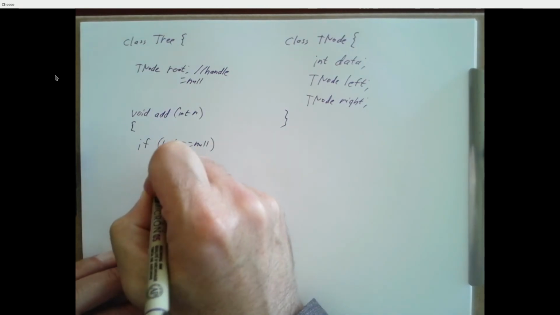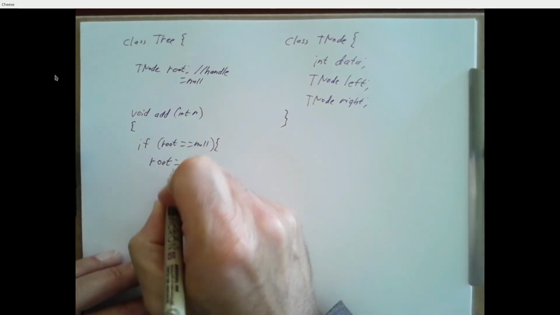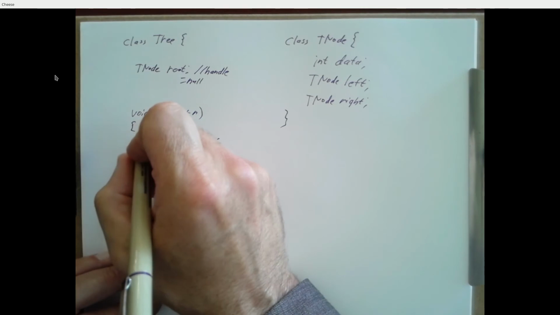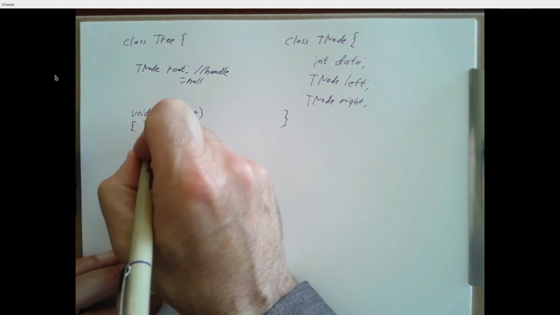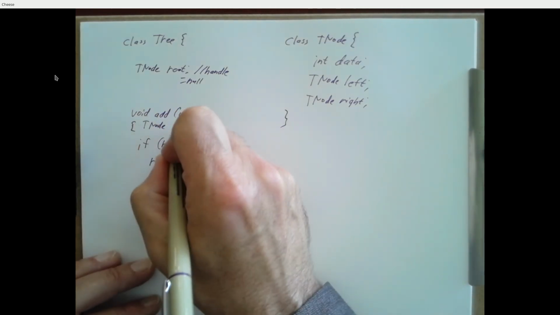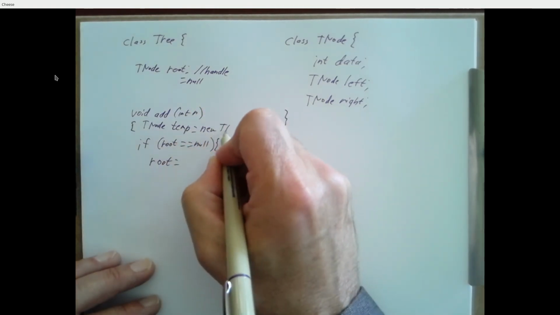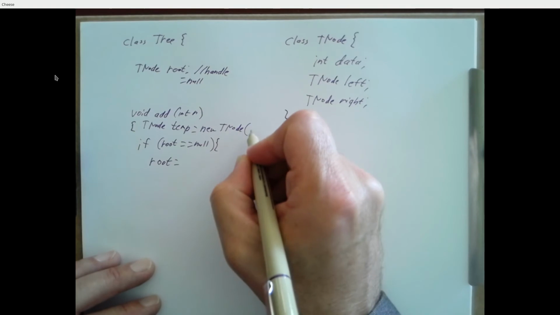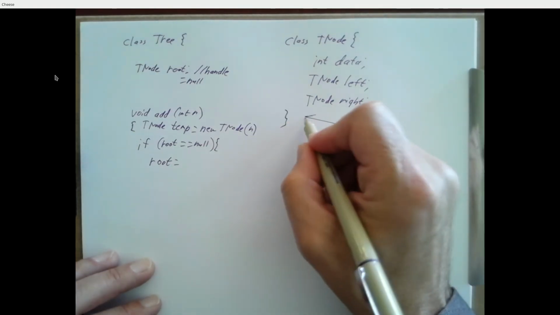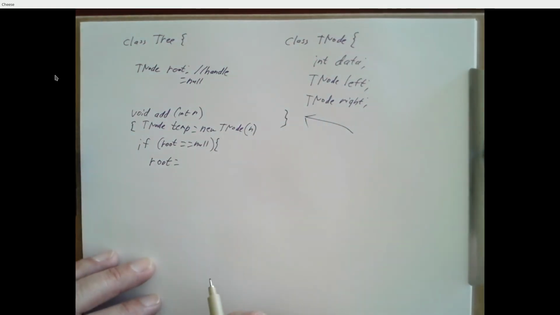Should we make a temp variable? Yeah, let's start off with that. And let's go ahead and throw a constructor in here so we don't have to constantly construct a node and then set the data equal to n and set the left and right equal to null.